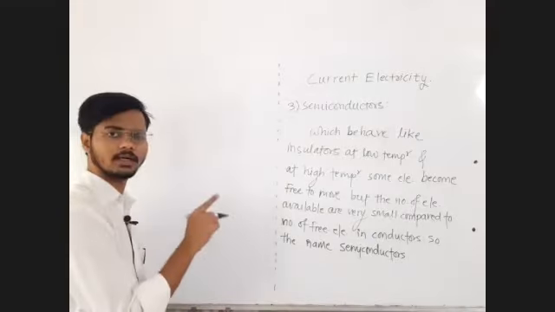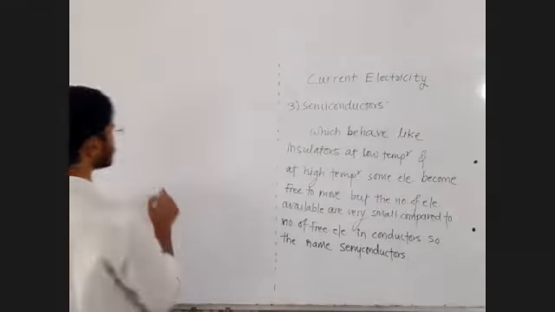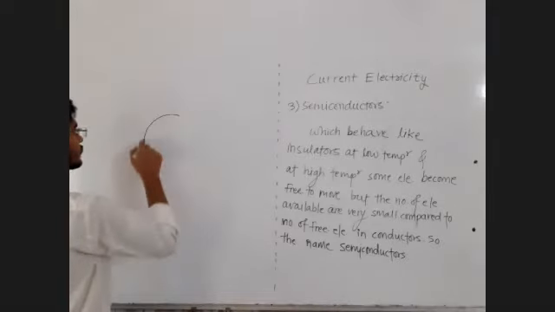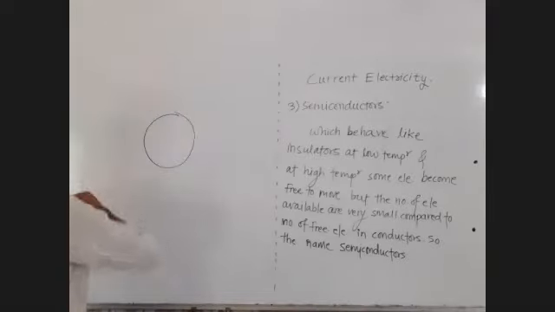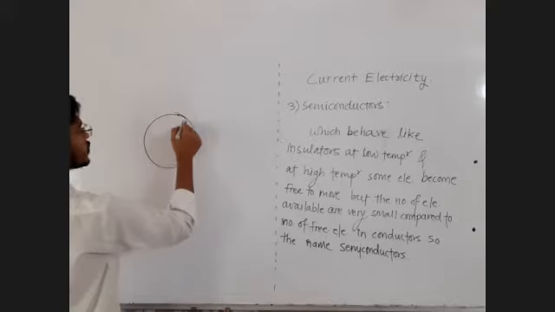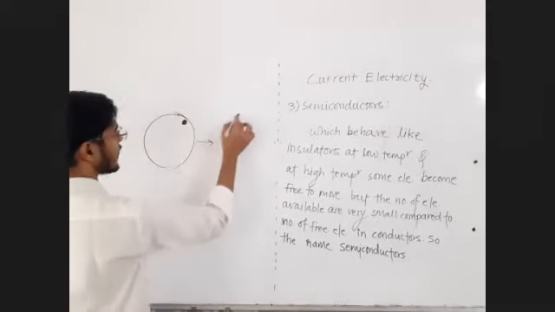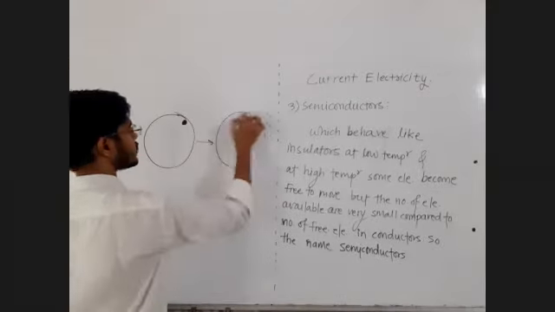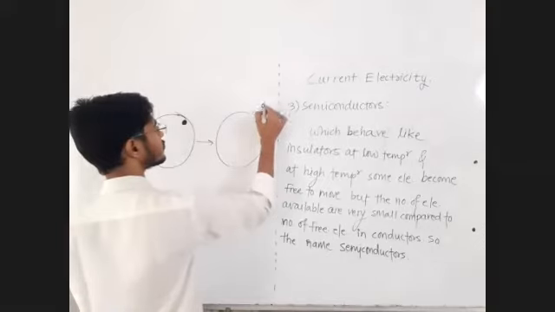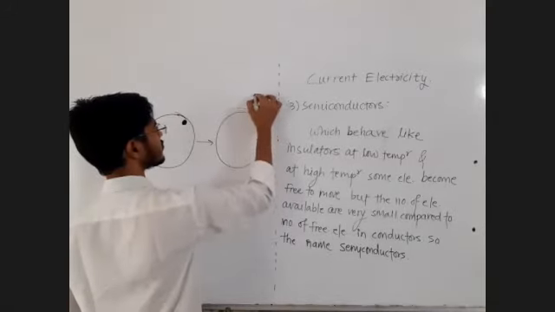But when it becomes free from the influence of the parent atom, this is the parent atom and this was the electron, let's say. Now this electron at high temperature will become free from the influence of the parent atom. This electron has become free.